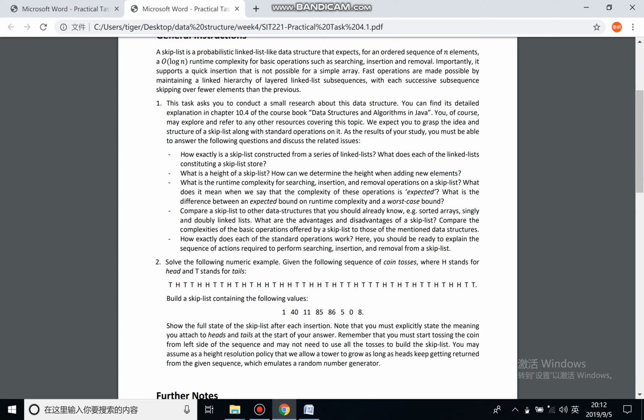The upper layer generally has half of the data nodes, and the bottom layer has all the data nodes. And the header of each linked list is linked together.